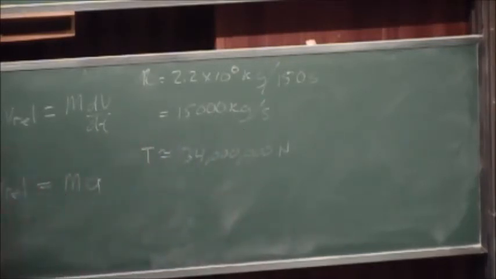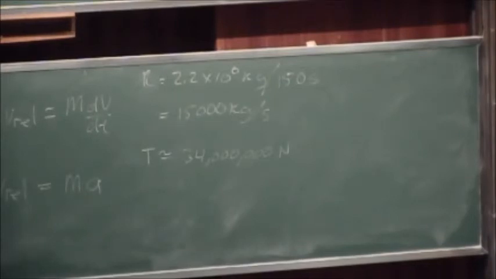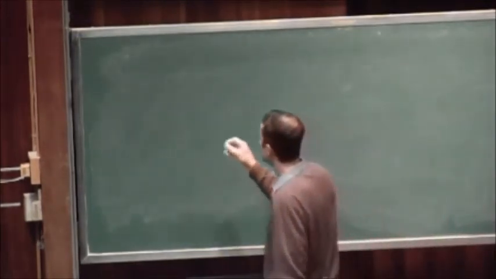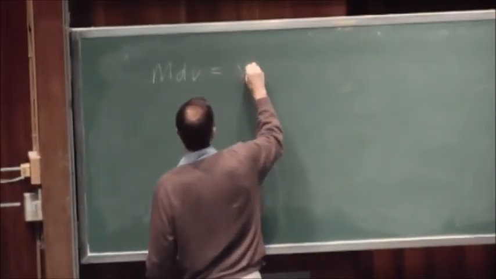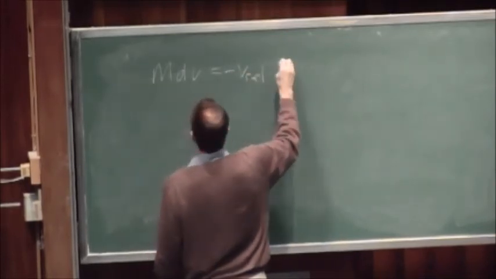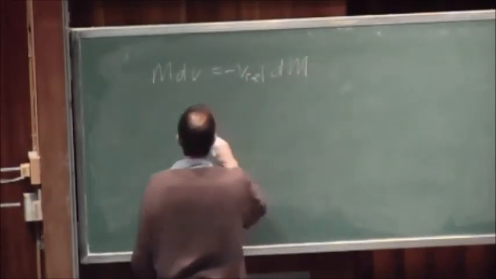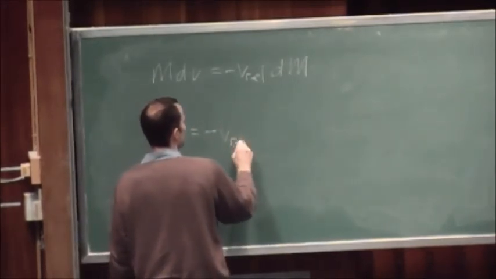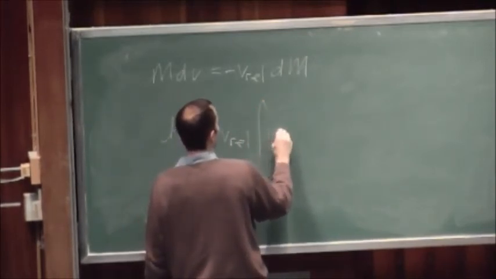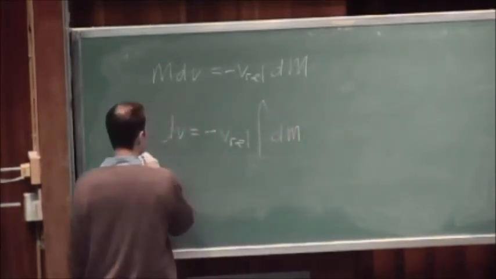Now I want to show you one more calculation, which is how can you determine how fast it's going after it's discharged a certain amount of mass? So we have this m dv is equal to v minus v relative times dm. This means that dv is just going to be equal to minus v relative integral of dm over m.